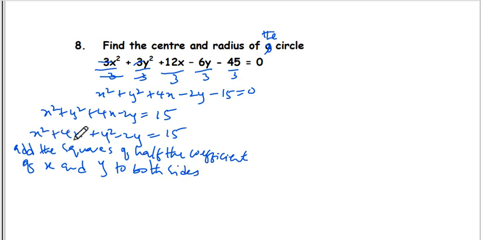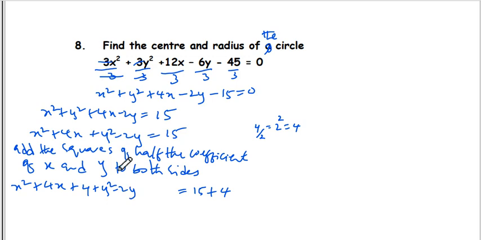The coefficient of x is 4, so half of 4 is 2. Then square it. 2 squared is 4. So it becomes x squared plus 4x plus 4. Anything we do to the left hand side, we do to the right: 15 plus 4. Then plus y squared minus 2y.